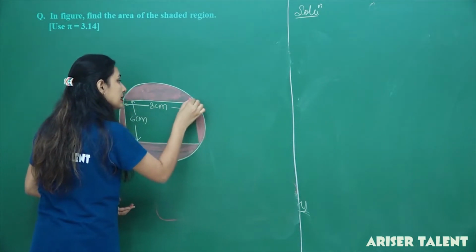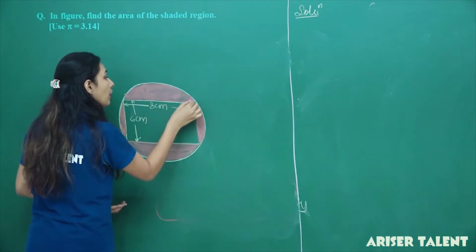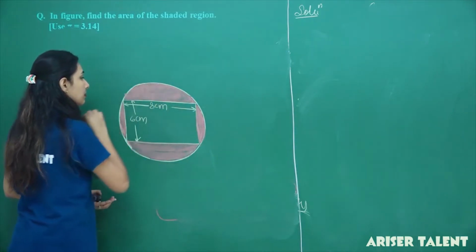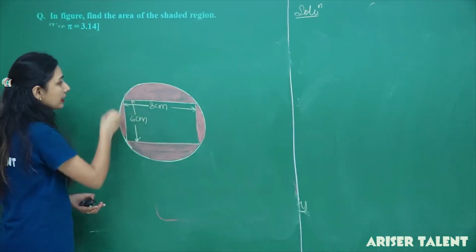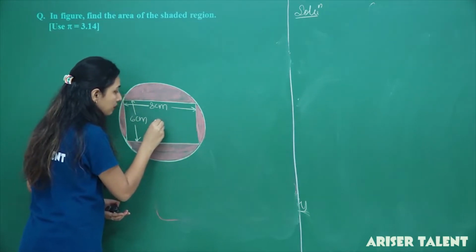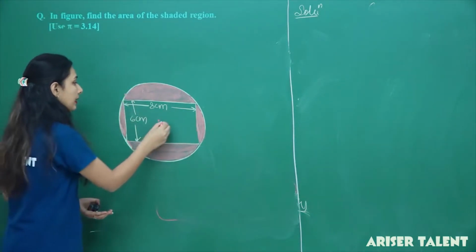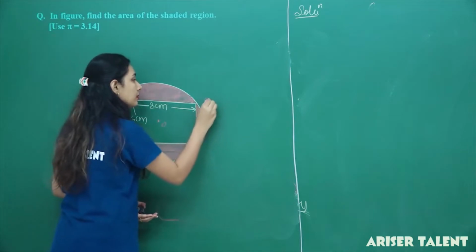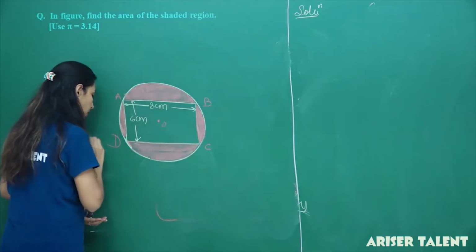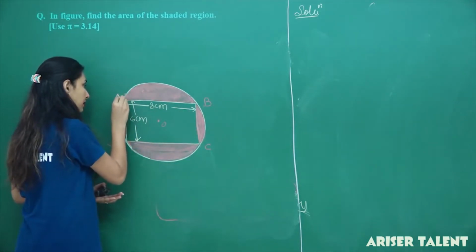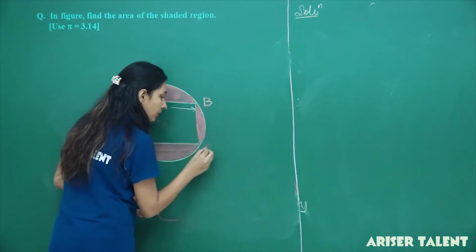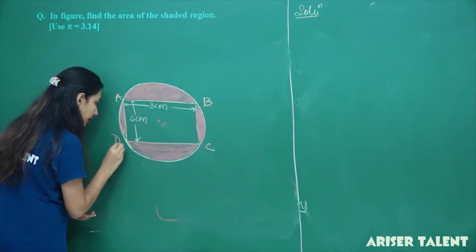And students, consider this as a proper circle. It's not what it looks like because the circle is not proper here, though you have to assume. Now this is the center, let us call it A, and this is A, B, C, D. And maybe that is not very visible to you, so I am darkening it.